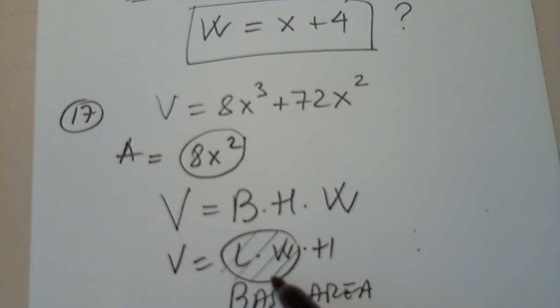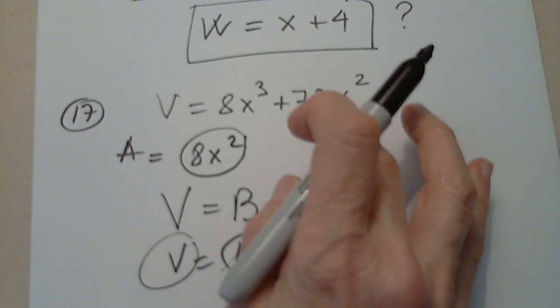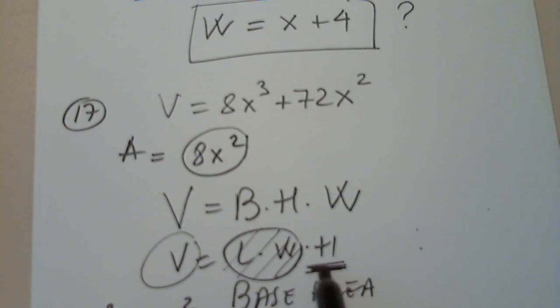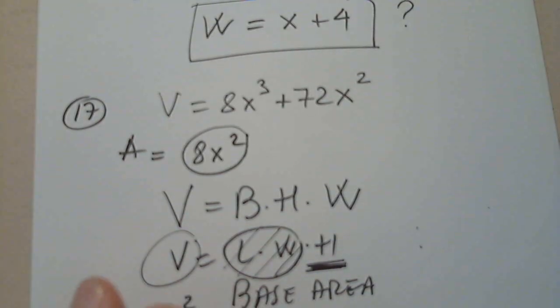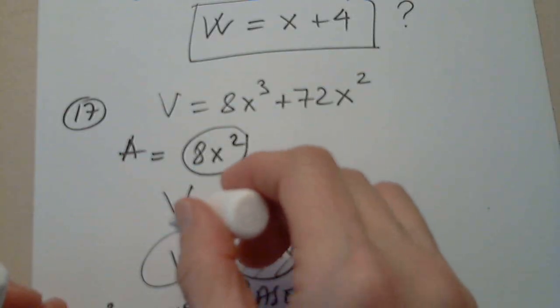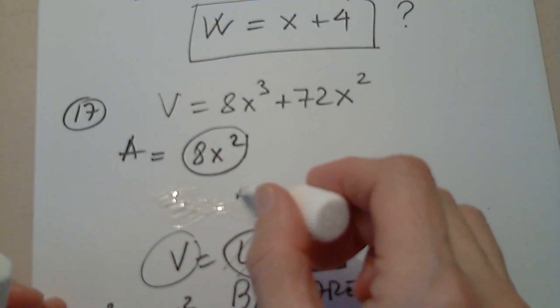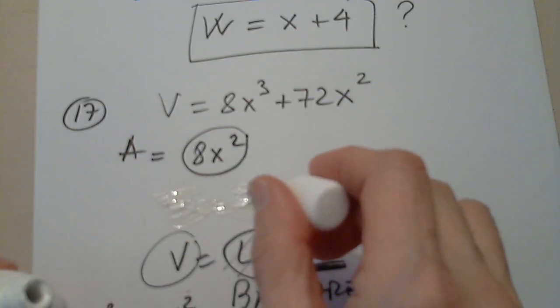So this piece is 8x squared. This piece is given to us as 8x cubed plus 72x squared. This is what we have to find. So allow me to erase this, I don't want to confuse you. Hopefully you're looking at this. That's my wish, my hope.